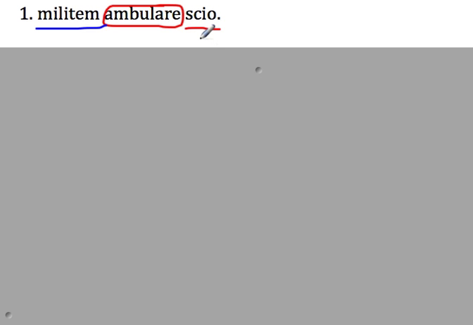Okay, the answer is, it means I know that the soldier is walking. So what I did, I went from my main verb, I inserted the English word that, then I went to my accusative and my infinitive.